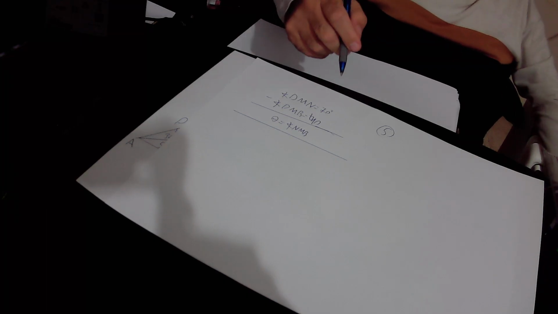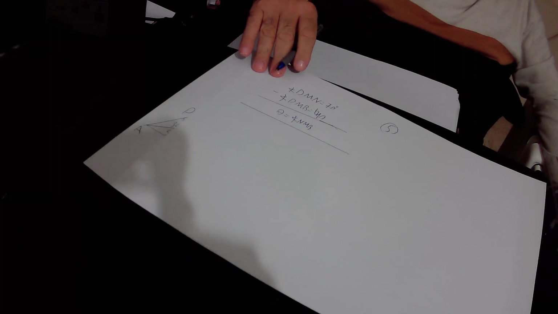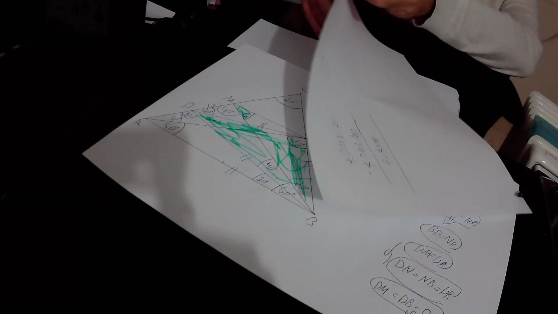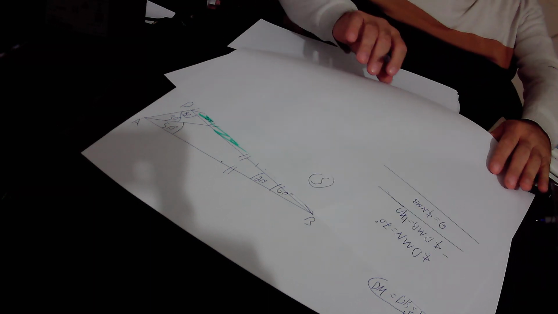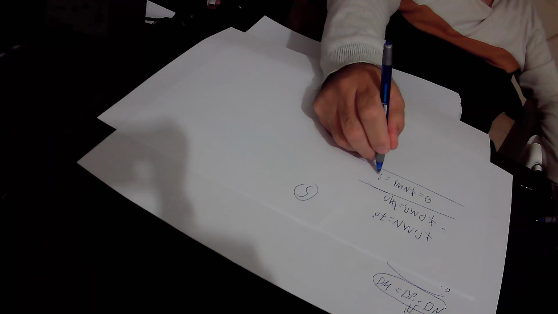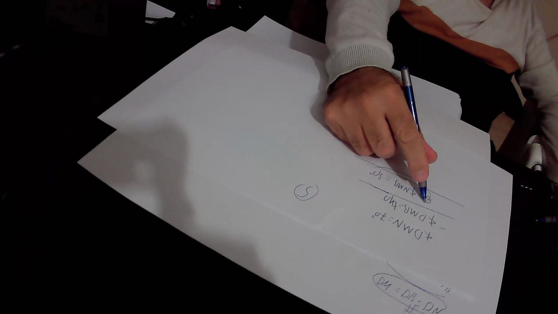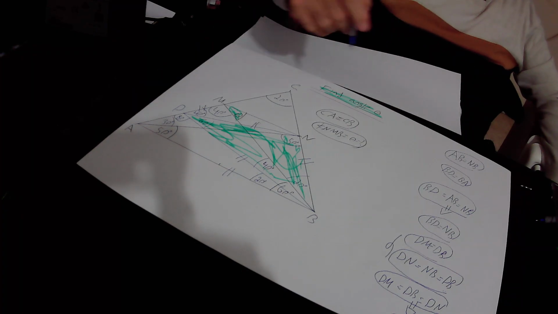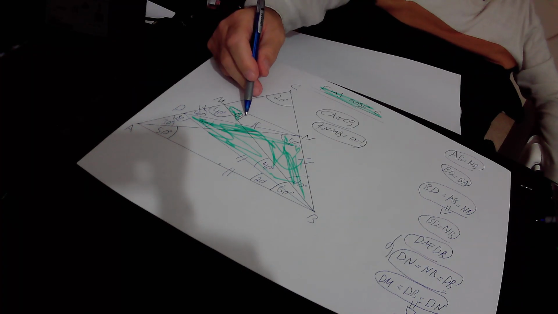So 70 minus 40 is 30 degrees. So we finally found out that the missing angle theta, the angle that we are looking for, is equal to 30 degrees in its size.